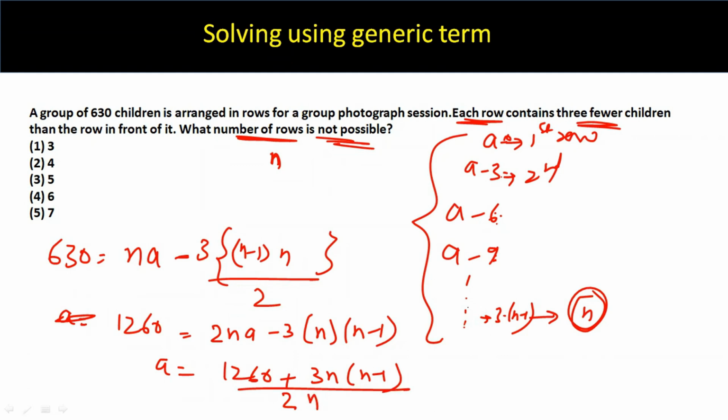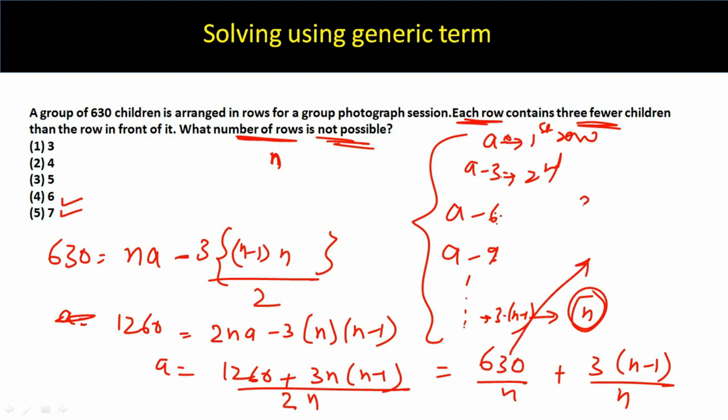Clear? So now you have to choose that value of n for which this expression is not an integer. First thing, simplify this: it is 630 by n plus 3 into n minus 1 by n. Correct? So 630's factors: 7 is a factor, 6 is also a factor, right?